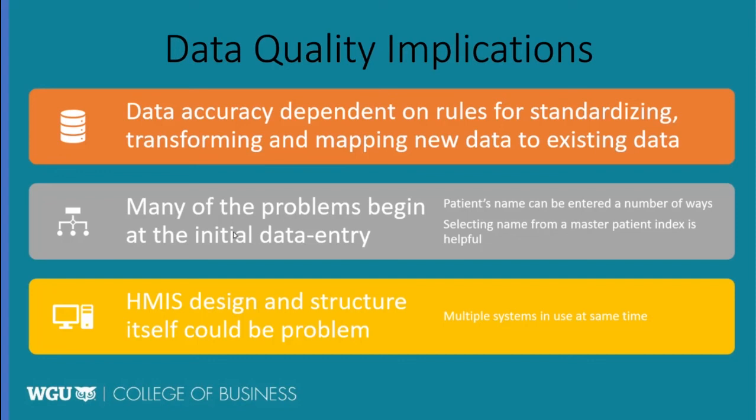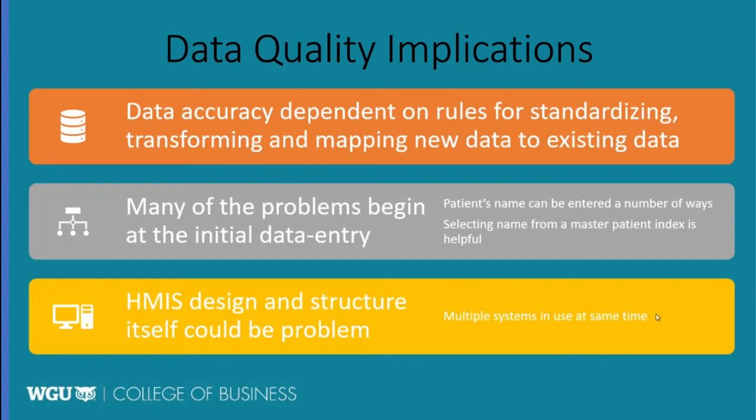Many of the problems begin at the initial data entry. Human error. Was it typed correctly? Was it keyed correctly? Was it scanned in an image that is very clear so we can ensure this information is correct? And then the HMIS design and structure itself could be a problem.